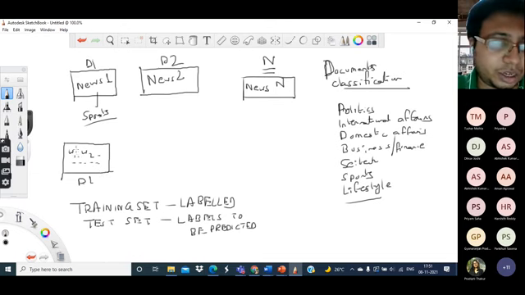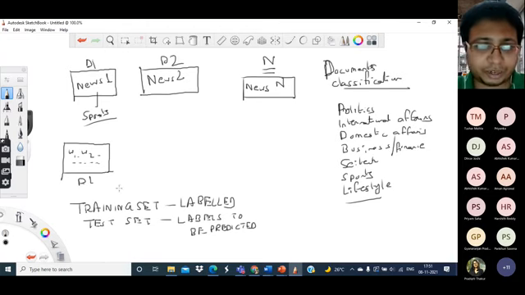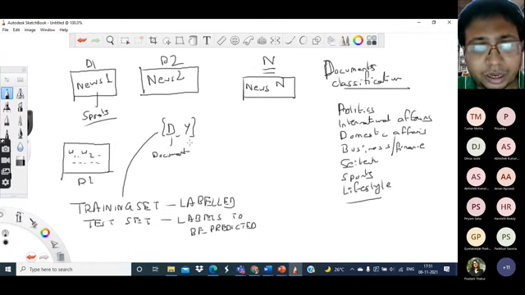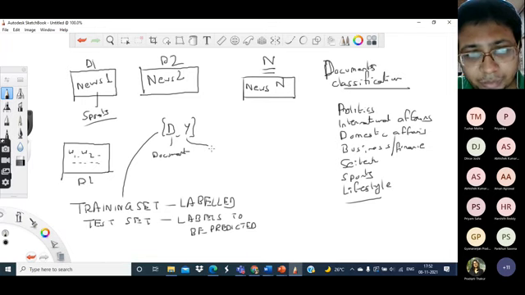That is, I know the label of every document. So what does the training set contain? Training set contains a document and its label. So this is the document D, and Y is the label.